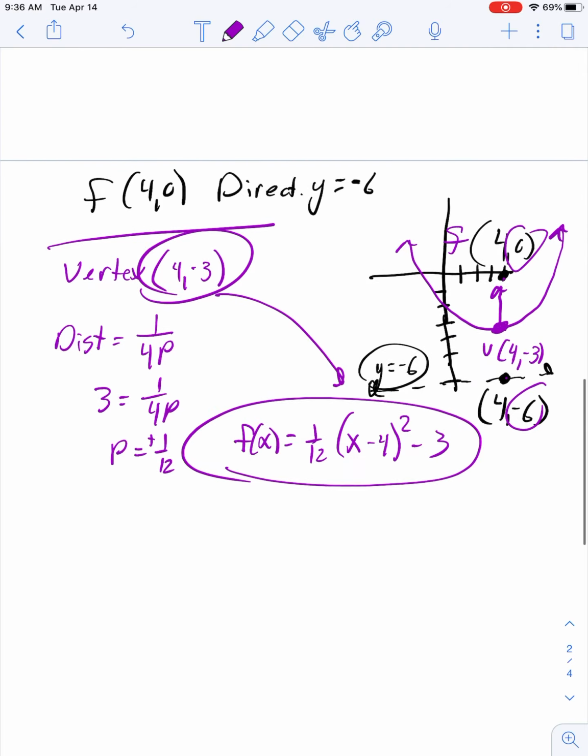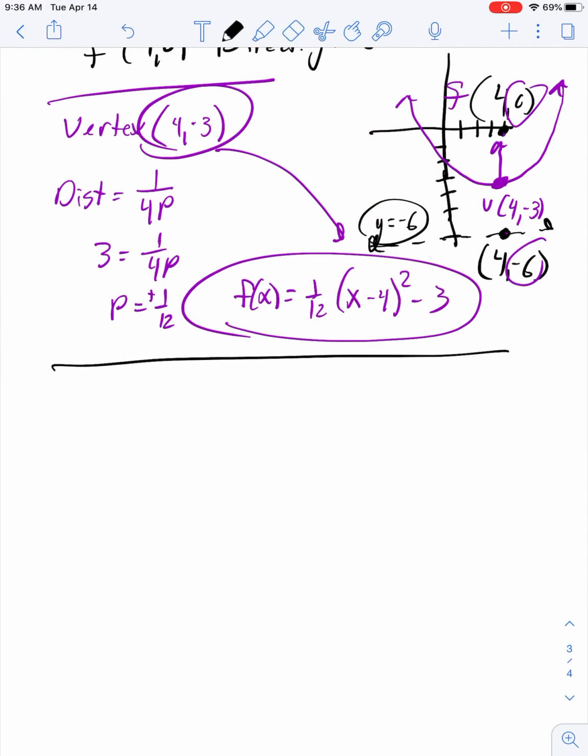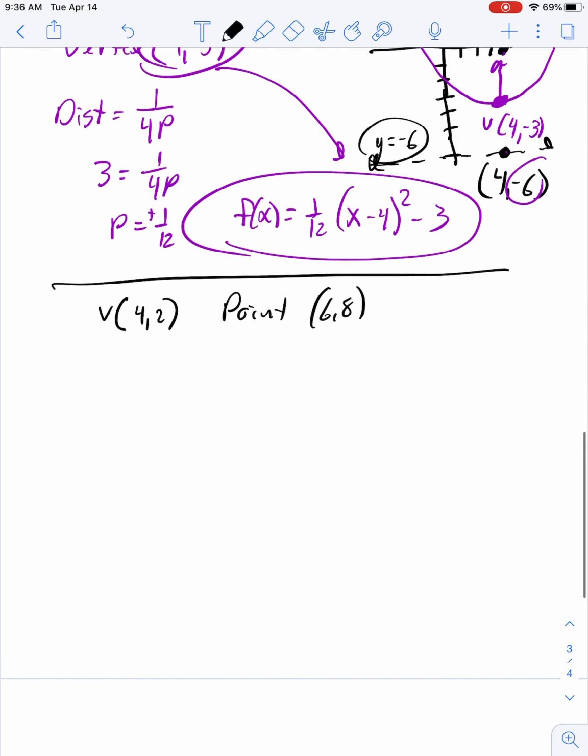Okay, let's do a different combination here. Let's say we have a vertex of 4, 2, and let's say just another point, and that is 6, 8. Now, I highly suggest you do a quick sketch of this, so let's do that.